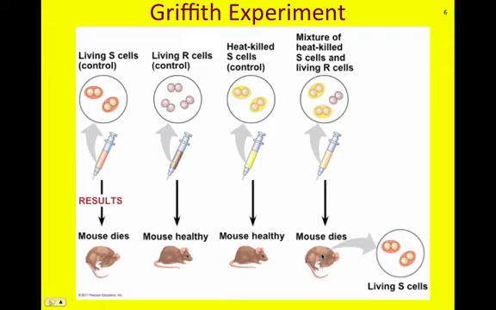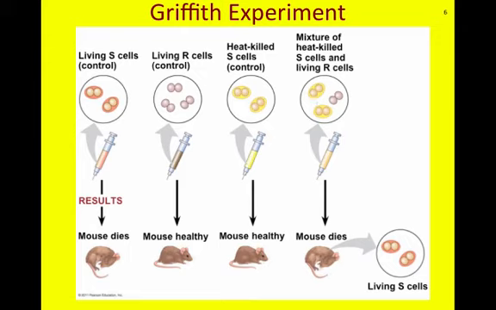And not only that, when he took samples from the dead mice, he discovered living S cells. Well, how could that be? How could he obtain living S cells from mice that were injected with dead S cells? How did these S cells come back to life?